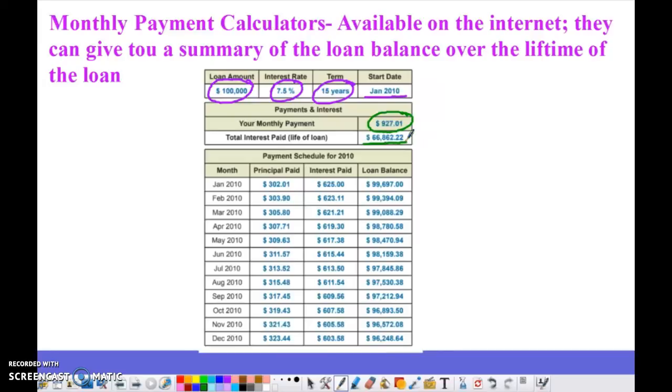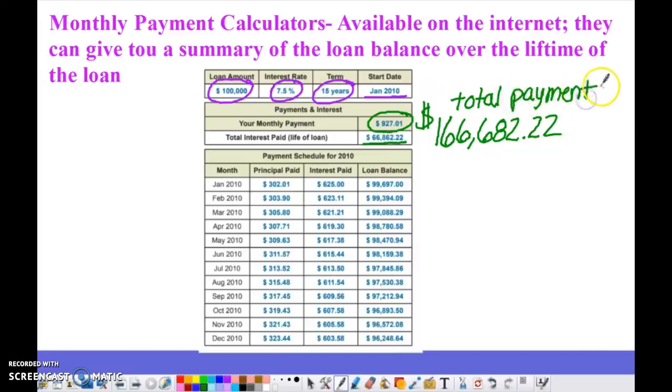So what that means is that over these 15 years, I'm not just going to pay back my $100,000. I'm actually going to pay $166,862.22 in total over 15 years.